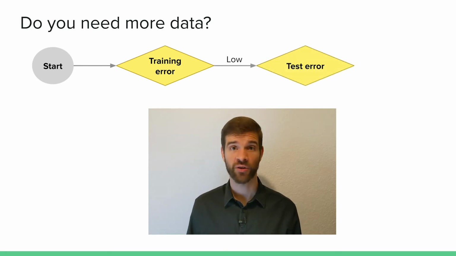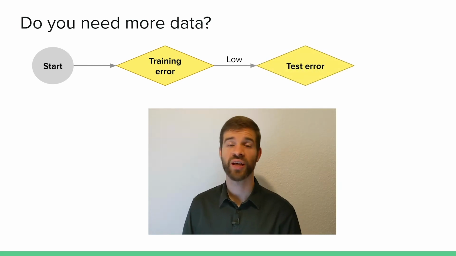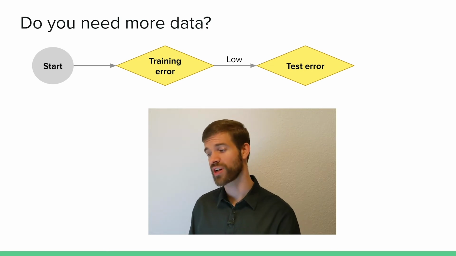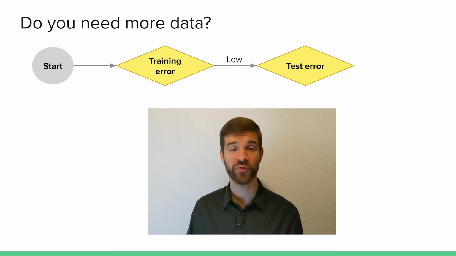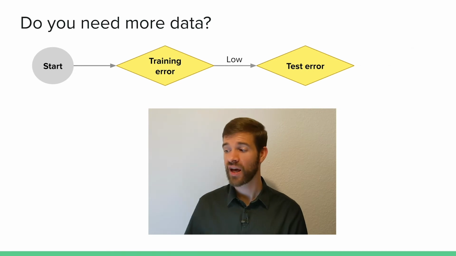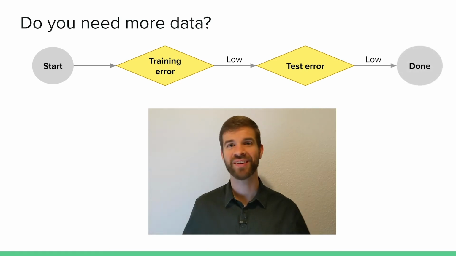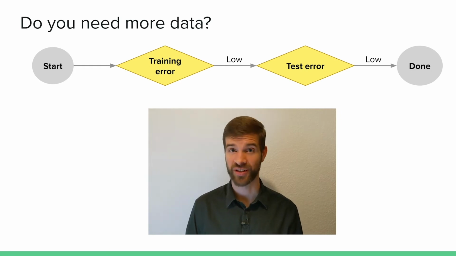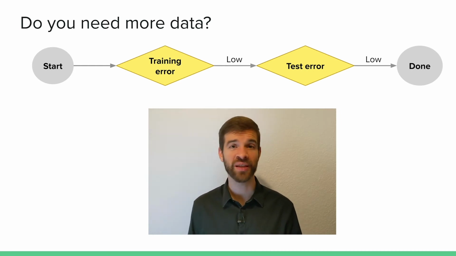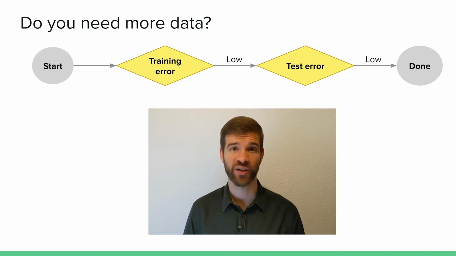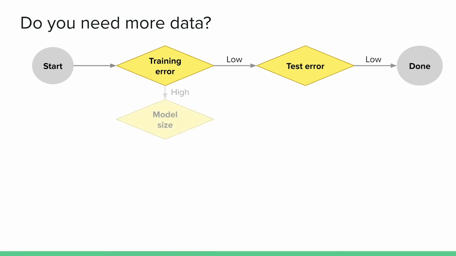When your training error is low, you go to the next step, do the hyperparameter optimization and testing. Ideally, you found a good set of hyperparameters. If the test error is low, congratulations, you're done. You found a good model that works well on your data. It doesn't necessarily mean that it works well on all of the data, but at least on the data that you have collected and showed to the network.